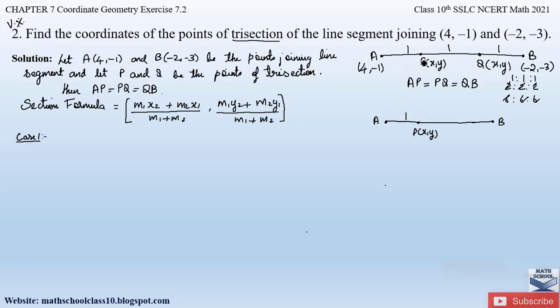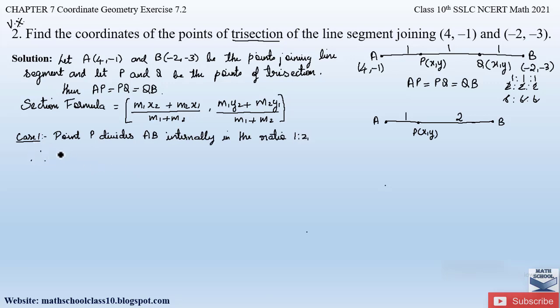It is 1. And the distance from point P to point B is how much? 1 plus 1, it is 2 units, right? So this point P divides the line segment AB in the ratio 1:2. So write down: point P divides AB internally in the ratio 1:2.